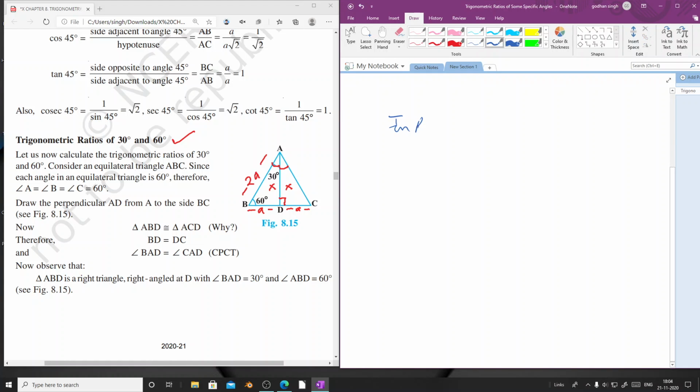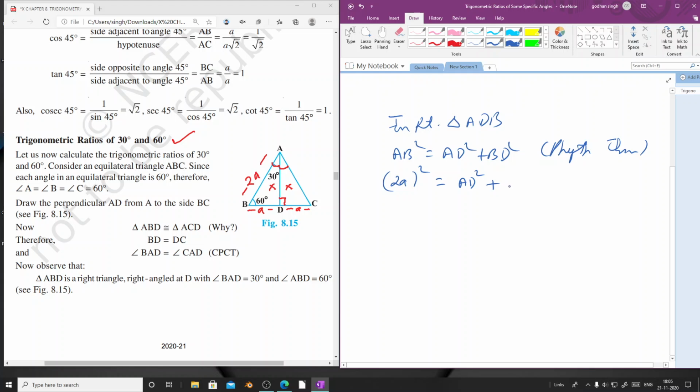So in right triangle ADB, if you apply Pythagoras theorem, what we will be getting? AB square is equal to AD square plus BD square. This is by Pythagoras theorem. So what is the value of AB? AB is 2A, so we will put the value of 2A here, 2A whole square equal to AD. AD is not known to us, so that we will write as it is. BD is A, so we will write A square.